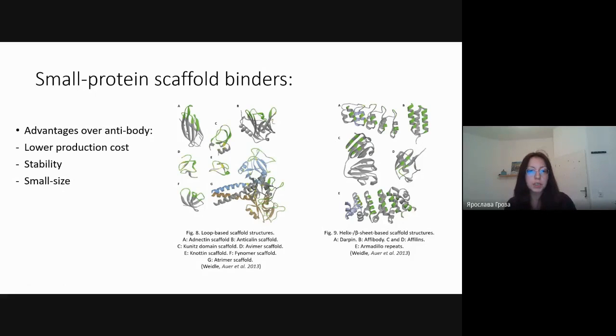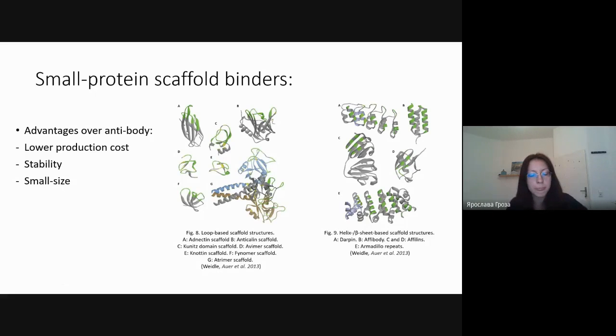This approach has a lot of advantages because these protein scaffolds are mostly human, so immunogenicity is expected to be low, and they are simple in structure. They can be produced in E. coli, and they are small, so they can have better tissue penetration, and it's also easy to manipulate them, to conjugate them with some other probes or molecules, or to create bivalent binders.